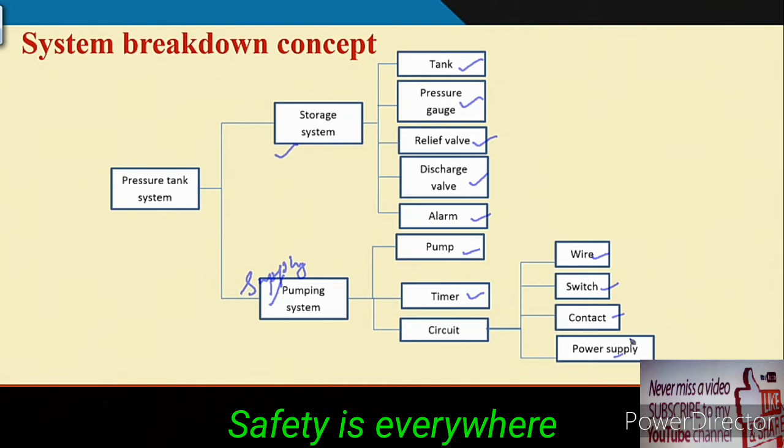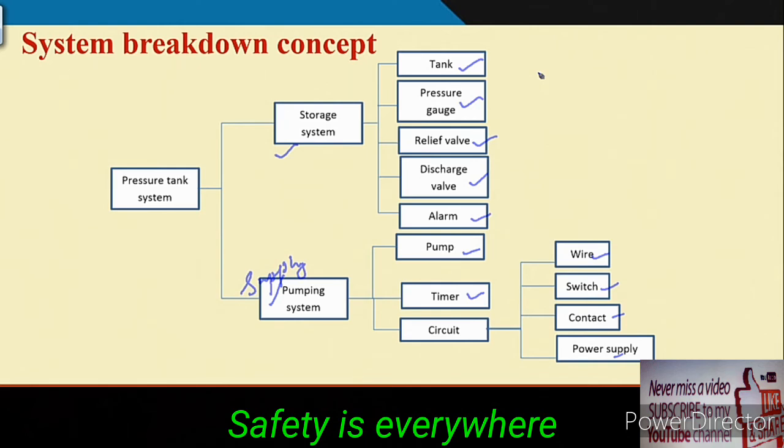So, what we mean to say is that if we consider this very simple system, here is the pressure tank. Your work is basically first to break down to the component level and, if required, sometimes to the parts level also, so that you will understand the system and its function.